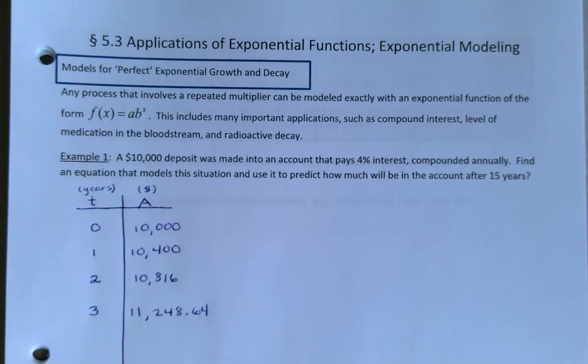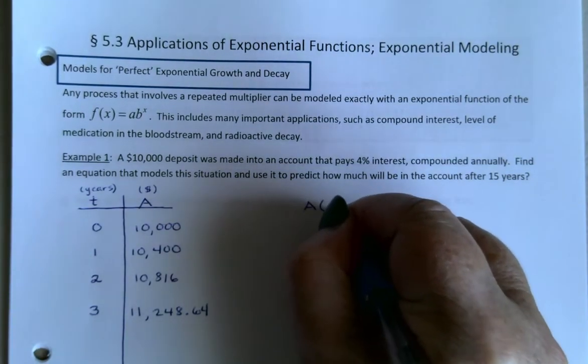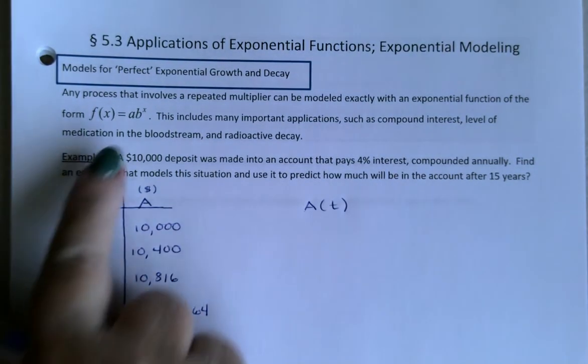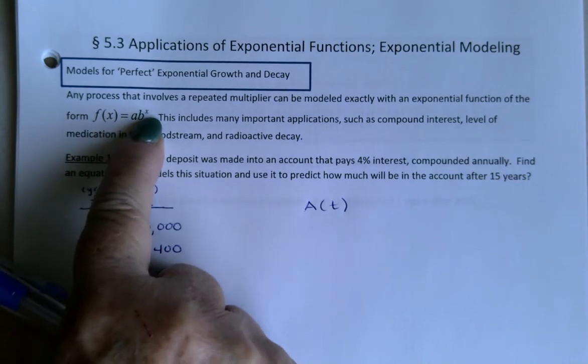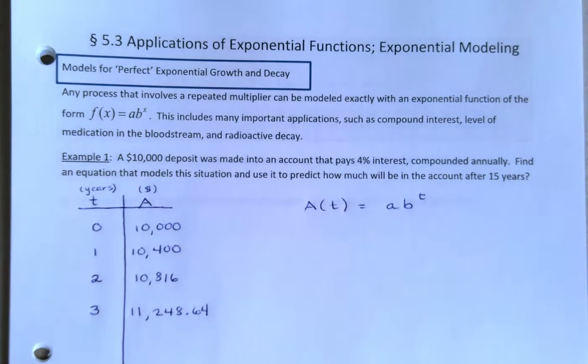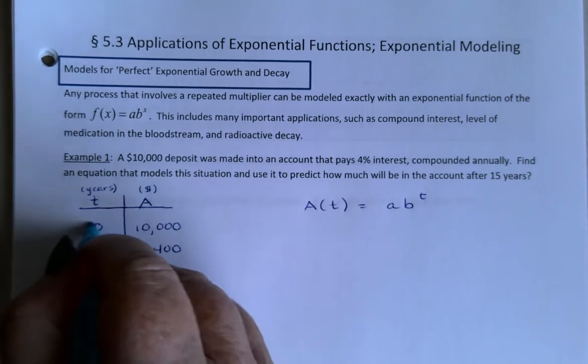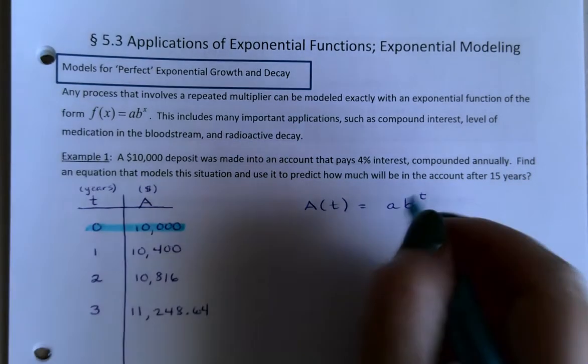If that all makes sense, I now can say my model, A of t, would be a times b to the t power. And I can definitely start right out by saying the little a value is 10,000, right?